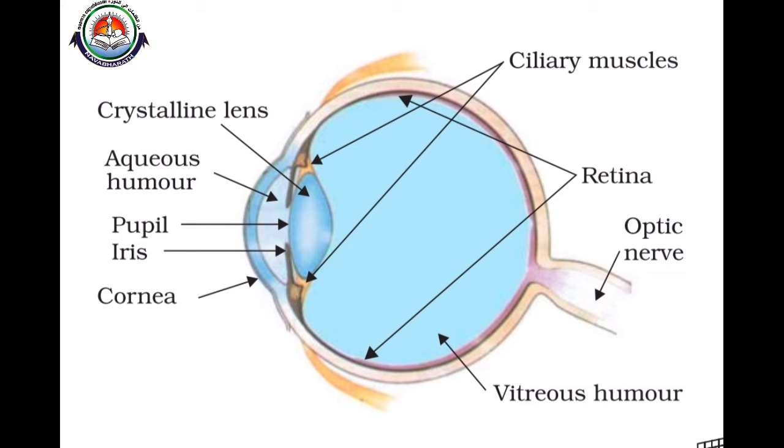These are the main parts of the human eye. I hope you all understand these parts and the structure of the human eye.